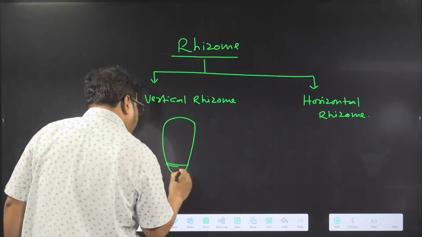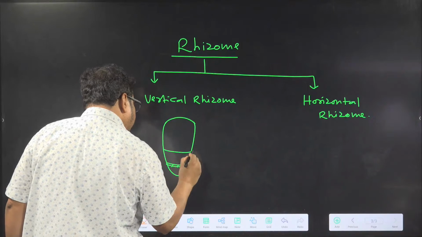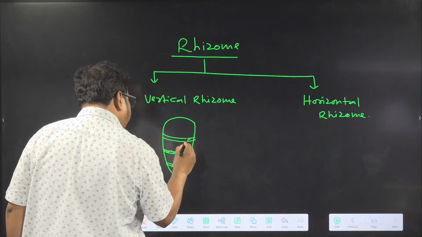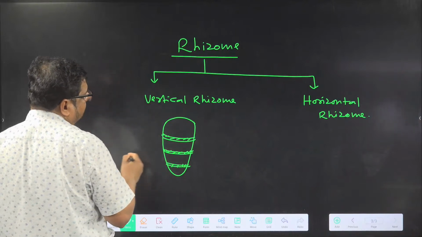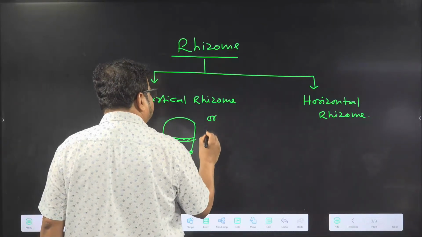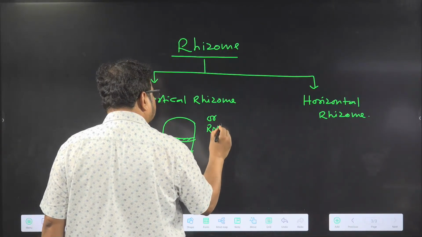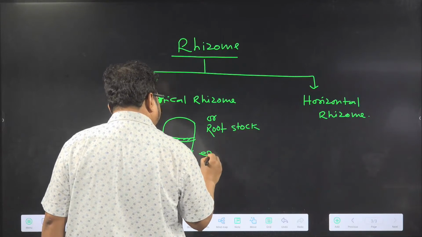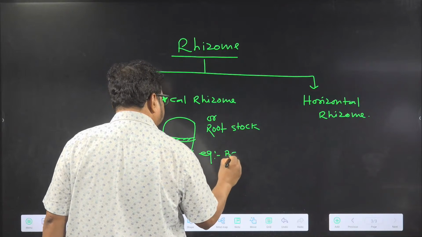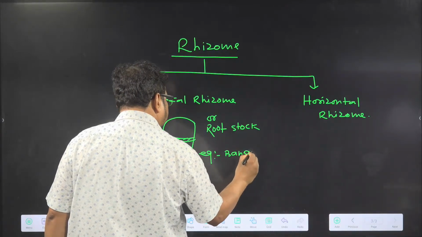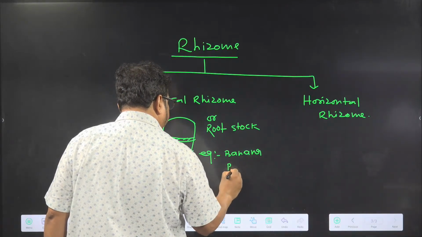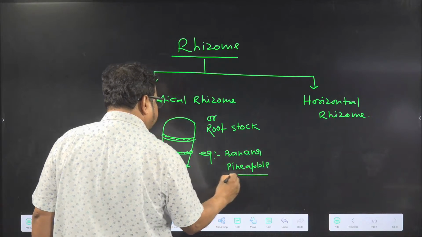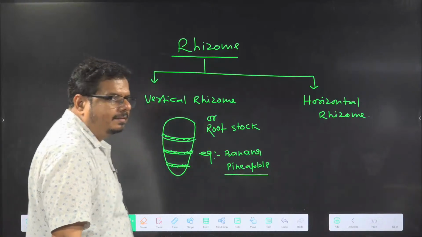This is a node, this is a node, and between two nodes there is an internode. Vertical rhizome has another name, root stock. Such vertical rhizome is present in banana and pineapple.